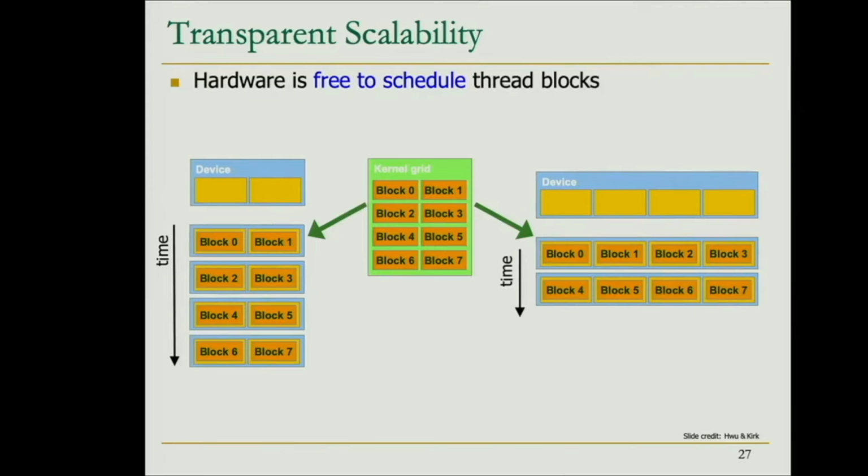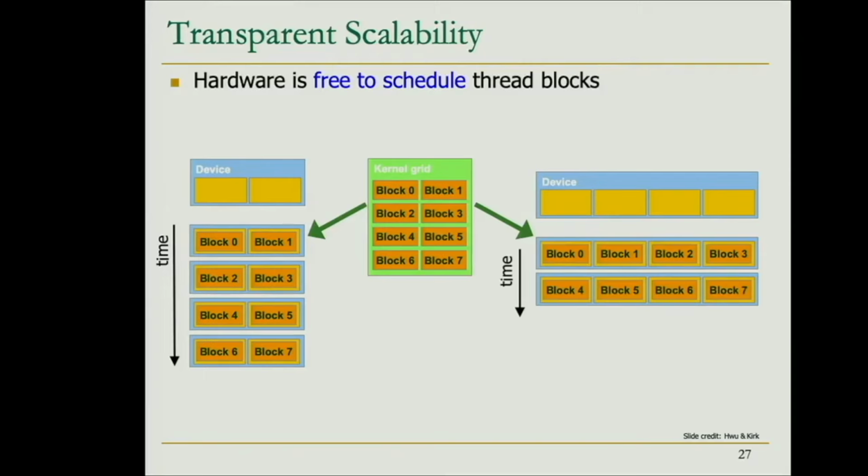So here, for example, this is a device with 2 cores. That one is a device with 4 cores. The way that these blocks are scheduled onto the cores depends on the number of cores that we have. And actually, even though you can see in the slide that first we schedule 0 and 1, and then 2 and 3, and then 4 and 5, I mean, they are scheduled in order in this slide.